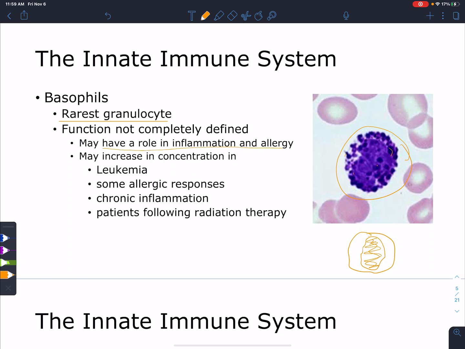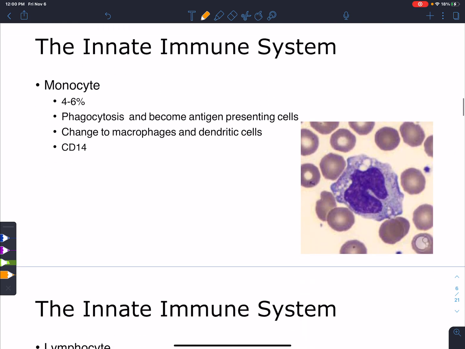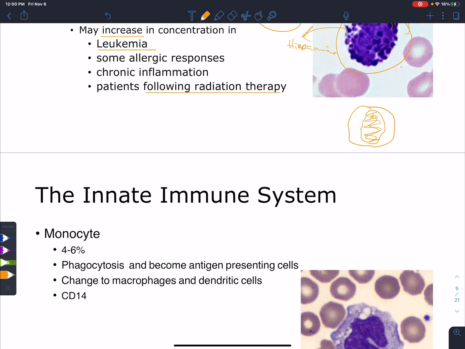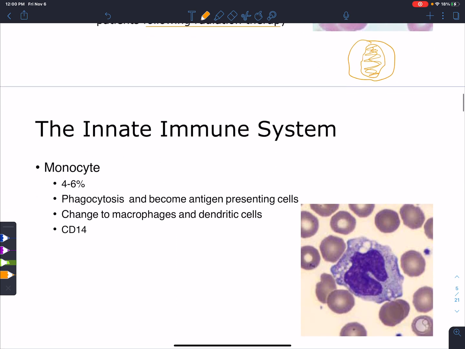They may have a role in inflammation and allergies, and we definitely do know these granules get released, and they do have a bit of a histamine response. So we do know they play a bit into the allergy response. But when we see a significant increase in these guys, we're going to think leukemia. We'll see some after patients undergo radiation therapy too, a bit of an increase. But all of these guys work by phagocytizing, secreting those enzymes to destroy the organism.